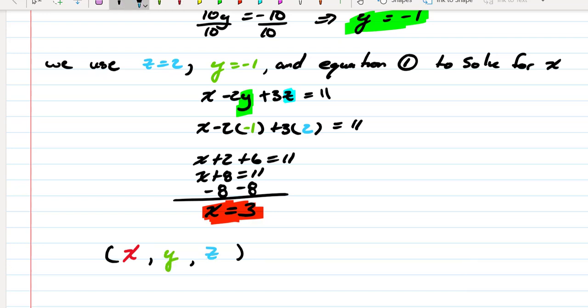That is, the solution to this linear system is 3, negative 1, and 2. So that would be the solution to our linear system, is 3, negative 1, and 2. All right.